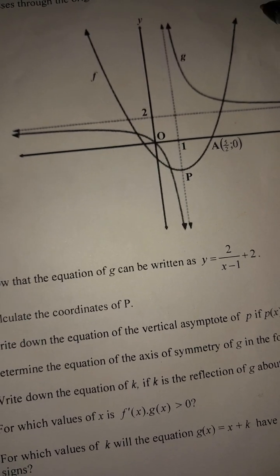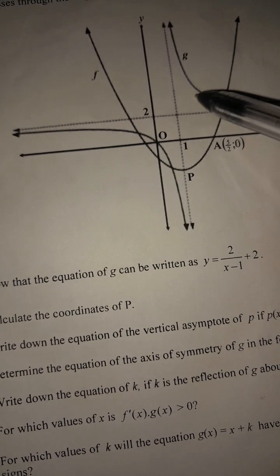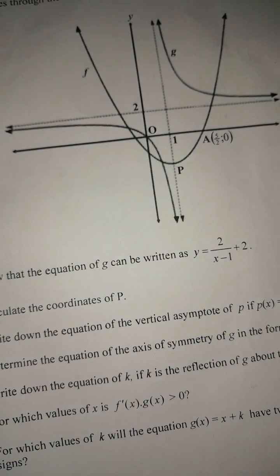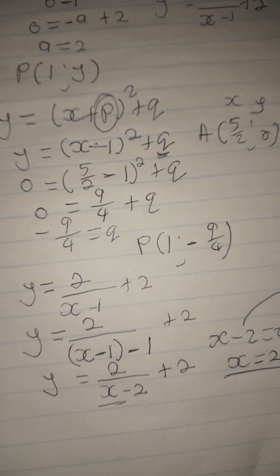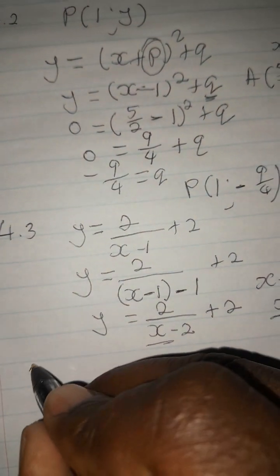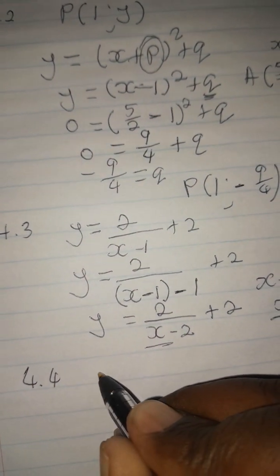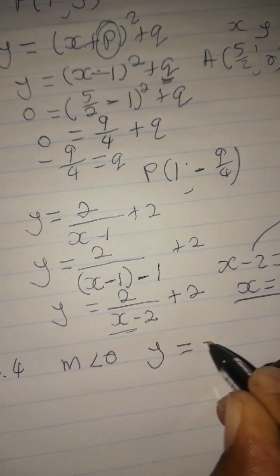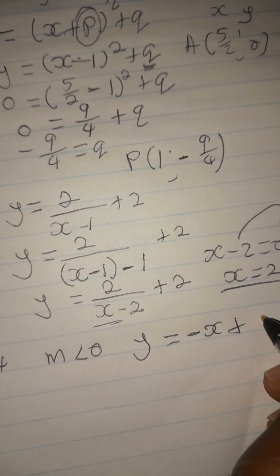Remember, the equation of the axis of symmetry will pass here. There will be the one that passes here as well. So in this case, we are working at 4.4. So what are we going to do? Since the gradient is less than 0, our equation will be y is equal to negative x plus c.